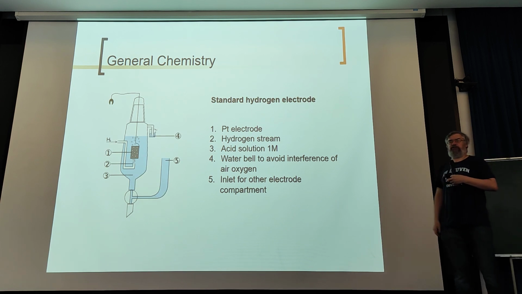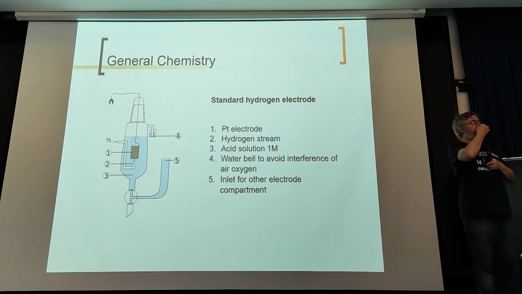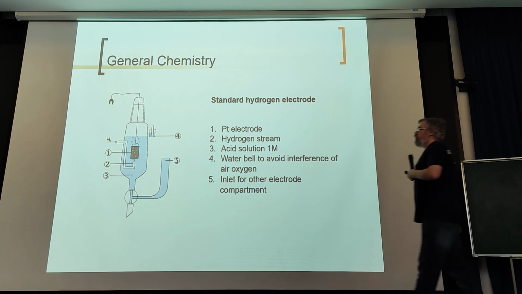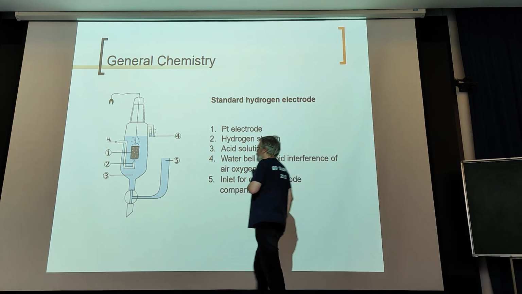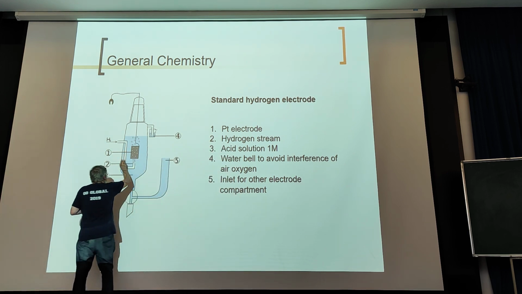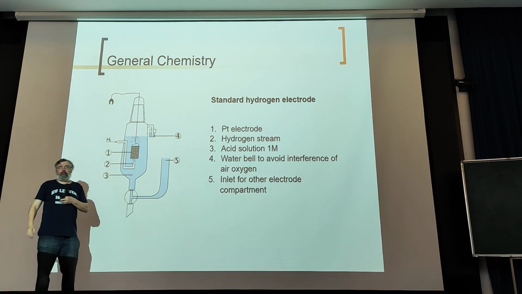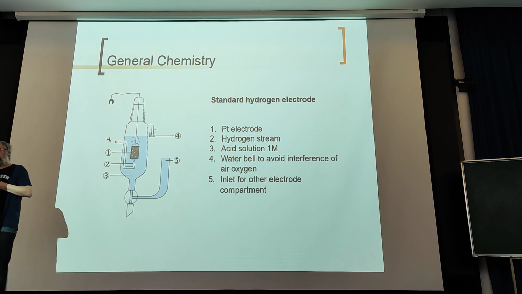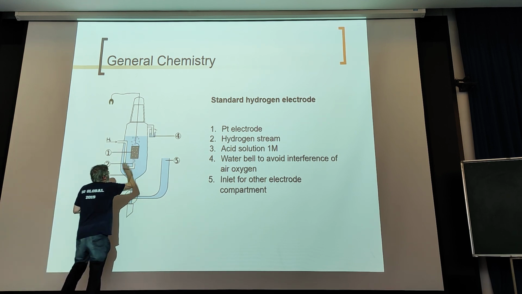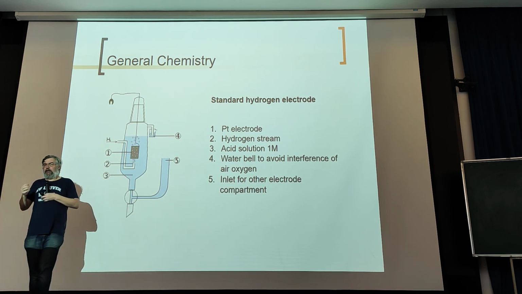So this is how the standard hydrogen electrode looks. It's a little bit inconvenient because you need to bubble hydrogen at a pressure of 1 atmosphere, so at ambient pressure, over a platinum surface.